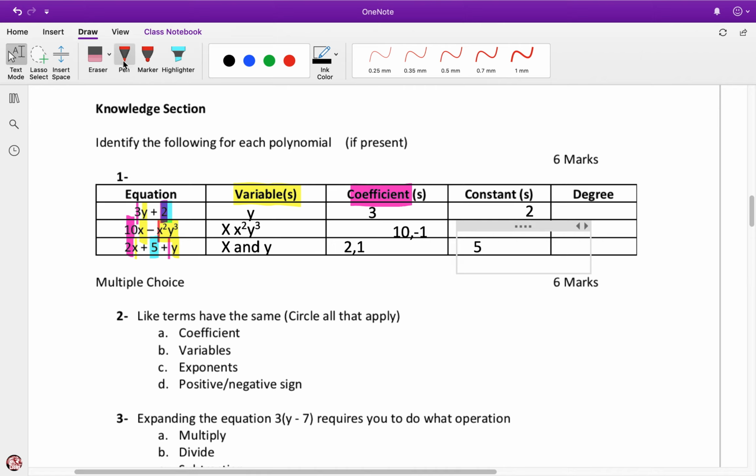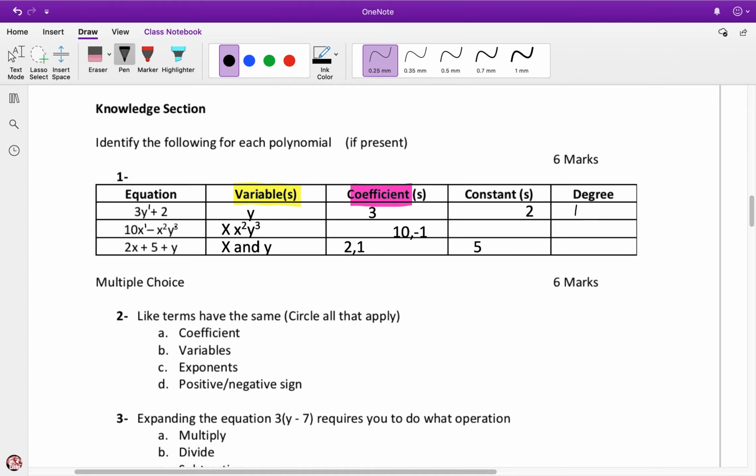And lastly, the degrees. If I go through this, I'm going to erase all of these here. Degree is the total number of exponents on the highest term. So this one, I just have one exponent there, so my degree here is just 1. Here, this degree is 1 for this term.